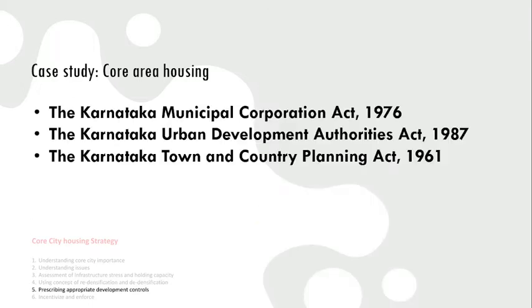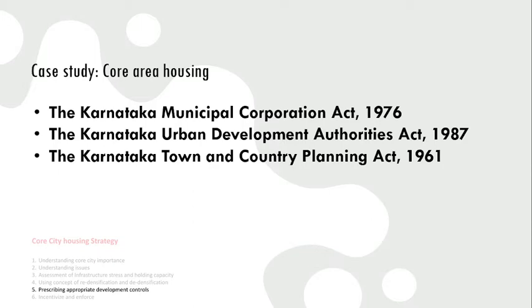Then the fifth is to prescribe appropriate development control. For this core area housing project, there are three different acts. The Karnataka Municipal Corporation Act of 1976, which is applicable to the Bangalore Municipal Authority, Bruhat Bangalore Mahanagara Palike.